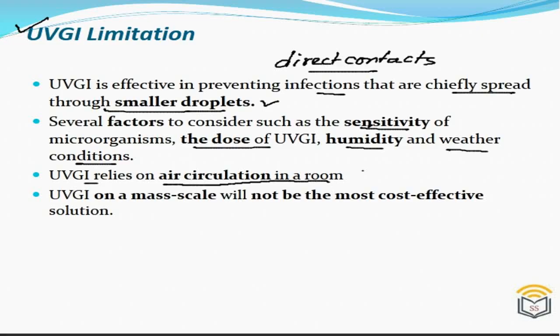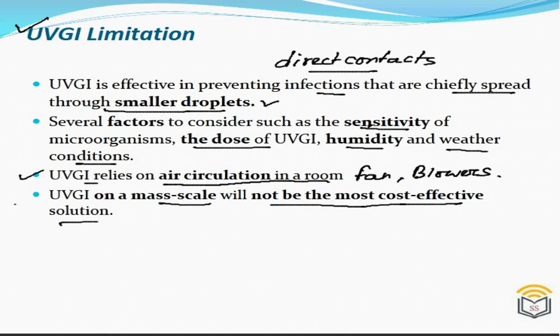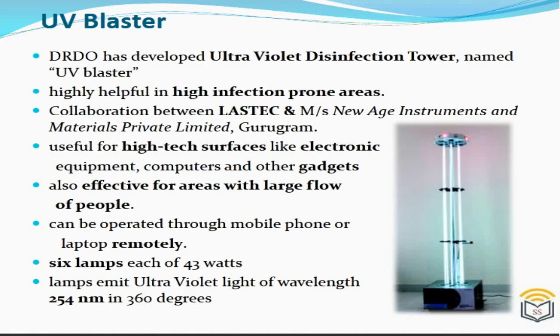So inside the room, fans or blowers or some circulation mechanism should be there. Only then will UVGI work perfectly. Also, UVGI on a mass scale is not the most cost-effective solution, because there will be more arrangements, more fittings and more installations of different equipment. So it involves a huge amount of money. That is the limitation.